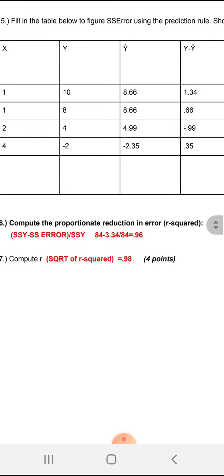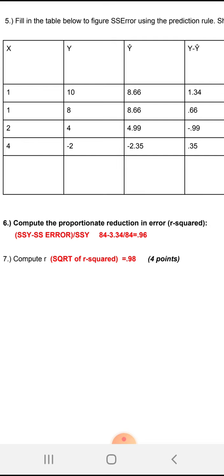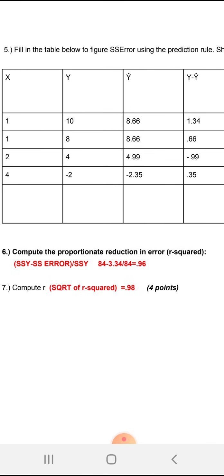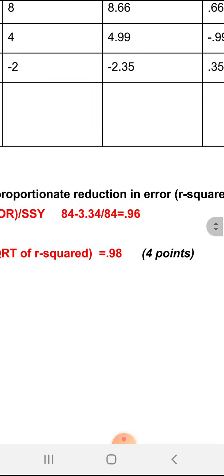Okay, so once you have that SS error, you can compute the proportionate reduction in error, which is also known as R squared. You do that by taking the original SSY minus this SS error value divided by SSY. So that's 84 minus 3.34 divided by 84 equals 0.96.